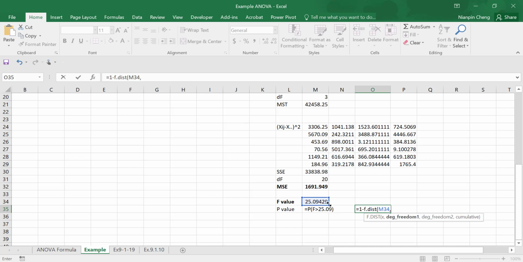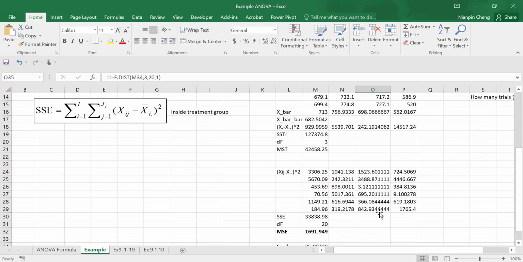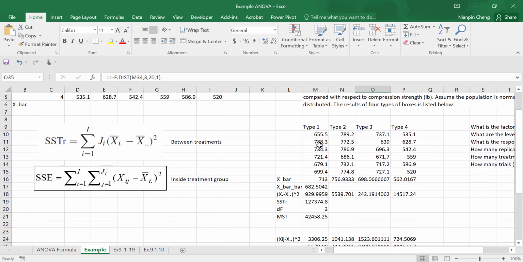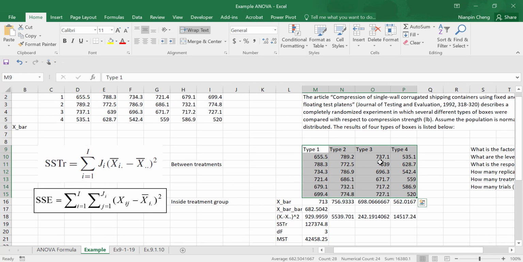The first one is the degrees of freedom for the treatment. The other one is the degrees of freedom for the error part. And this is cumulative. So the result is very, very small, close to 0. That means at least one mean is different from the others, for these 4 types of boxes.